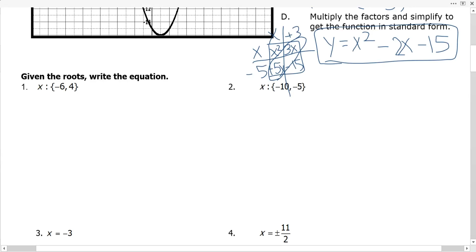When I have my roots, if that's what x is equal to, so I have x equals -6, x equals 4. I set them both equal to 0. I have x plus 6 equals 0, x minus 4 equals 0. I'm going to multiply my factors together.